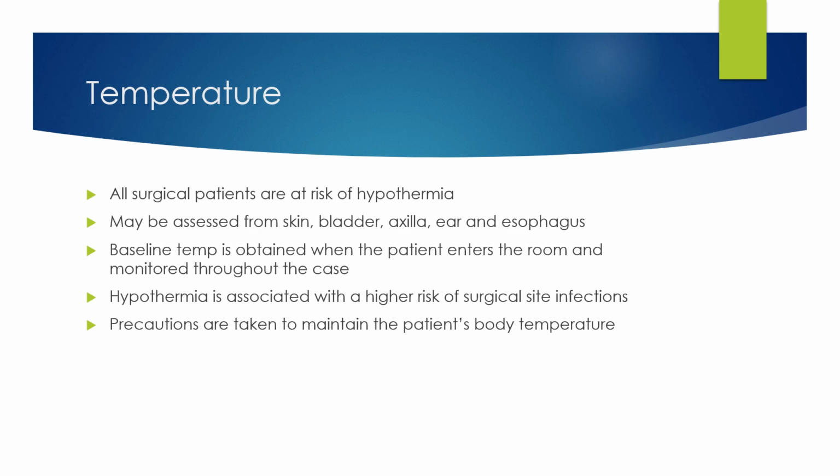Hypothermia is associated with a higher risk of surgical site infections, along with other things, so we do take precautions to maintain that patient's body temperature, either with warm blankets or bear hugger warming units, which are blankets that go over the patient. There's a hose that's attached to them that feeds warm air into it, several different ways.